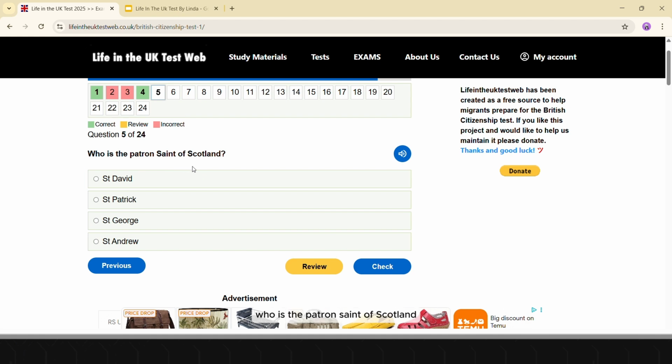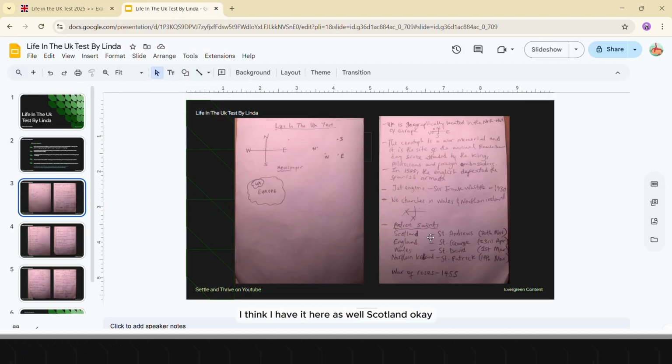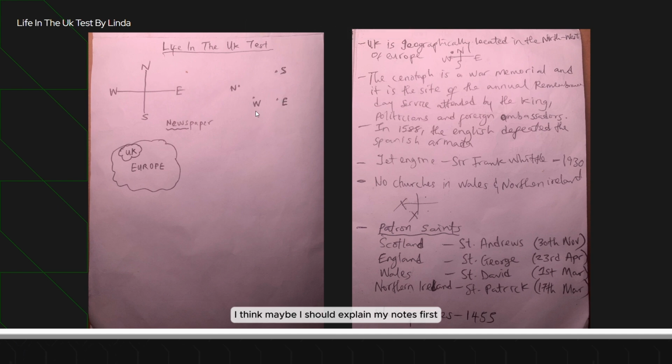Who is the patron saint of Scotland? There's a way I got to know this. I think I have it here as well. Okay, this is it. Let's go through this. I'm not sure. I think maybe I should explain my notes first. We'll go through it one step at a time.